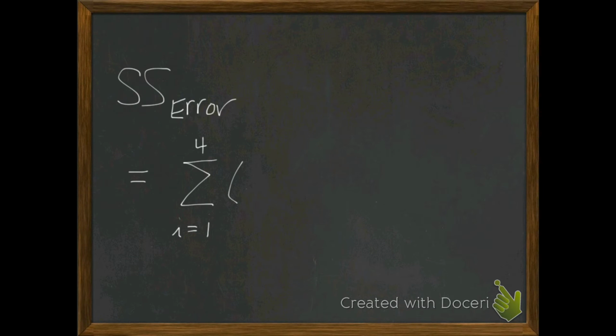Now, the sum of squares for the error is going to be found by taking the sum from i equal 1 to k, which is 4, of n sub i minus 1 times the variance for each group.